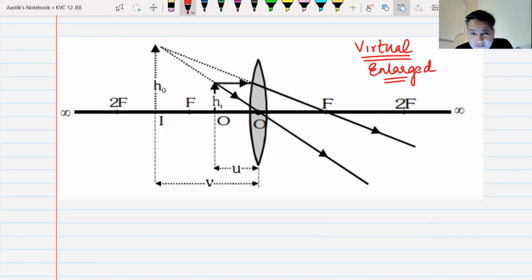This is the only case where a convex lens creates a virtual image.